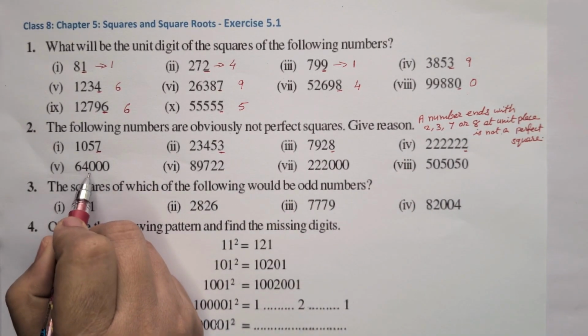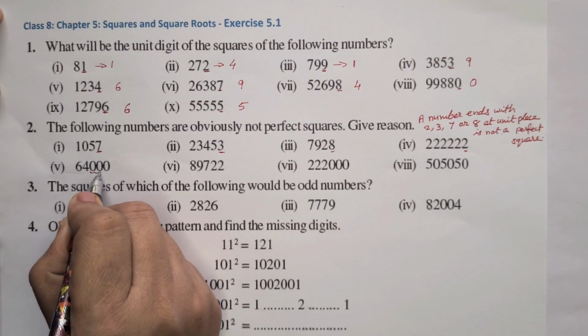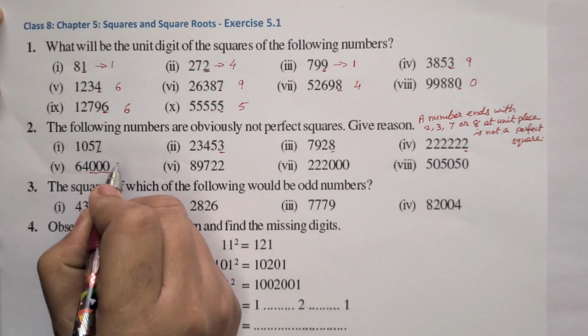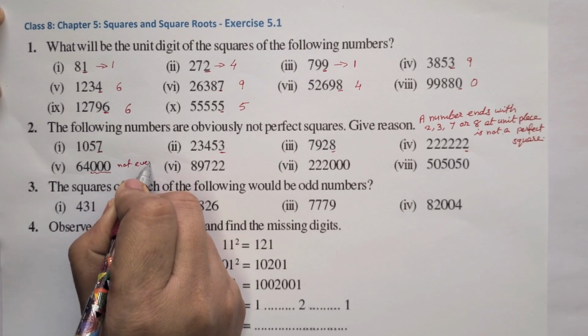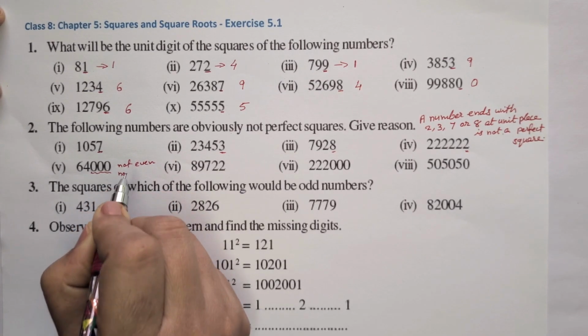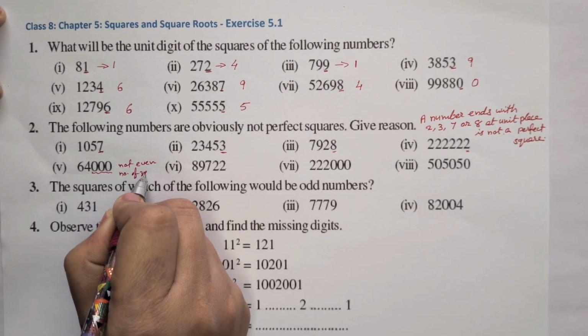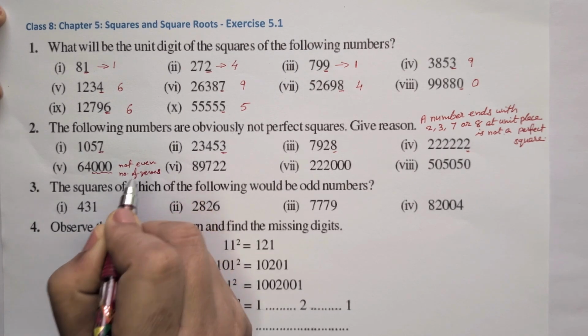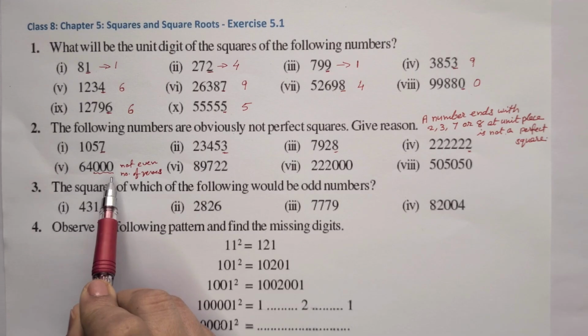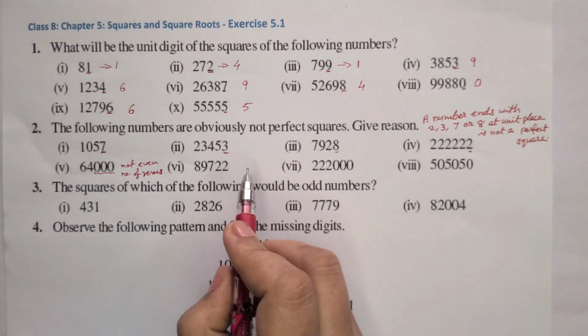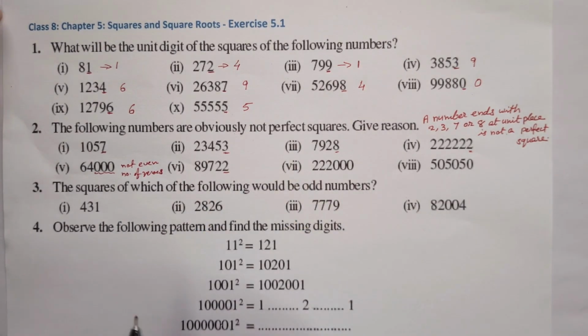Here the reason: 3 zeros are there. It needs an even number of zeros, not an odd number. To become a perfect square, an even number of zeros is supposed to be there at the end. Here again 2 is coming in the unit place.